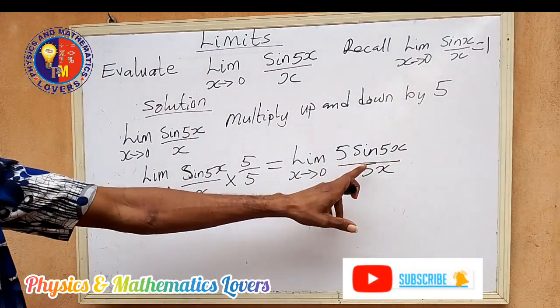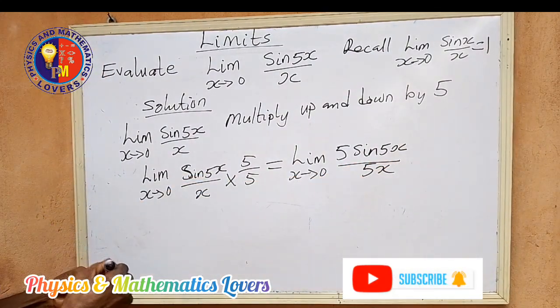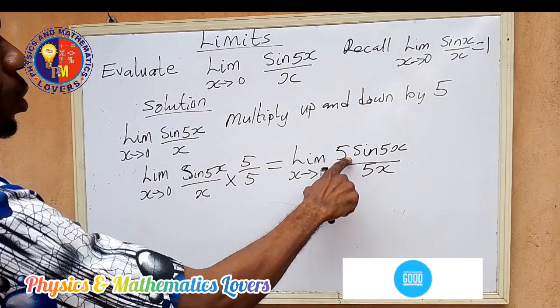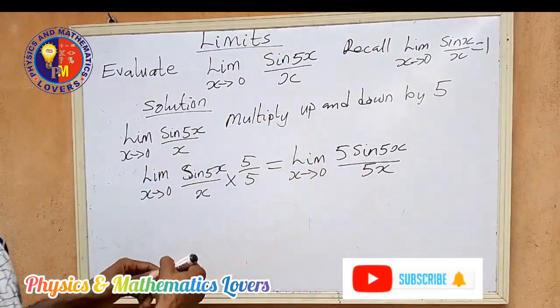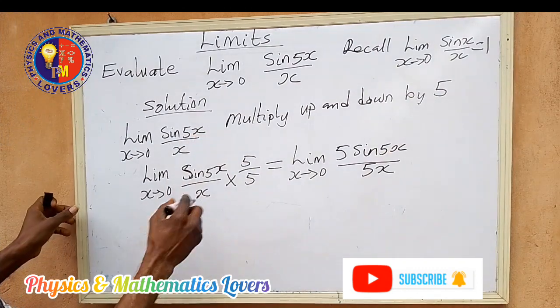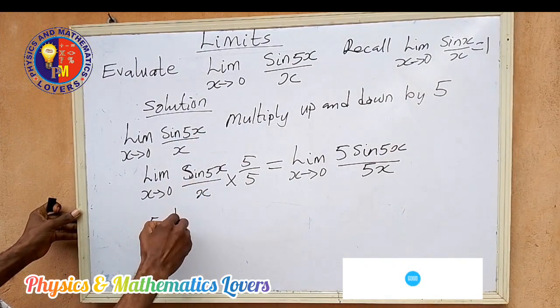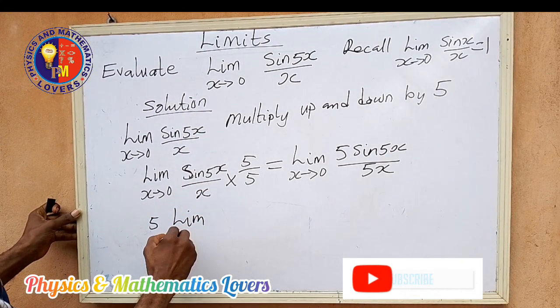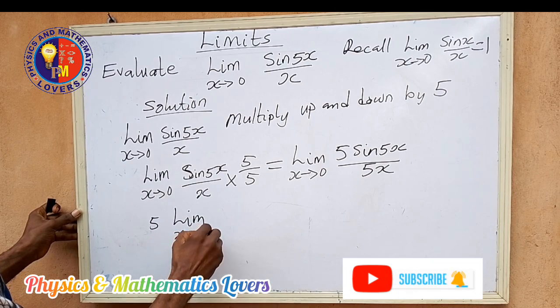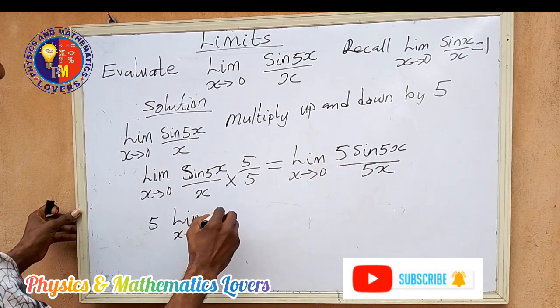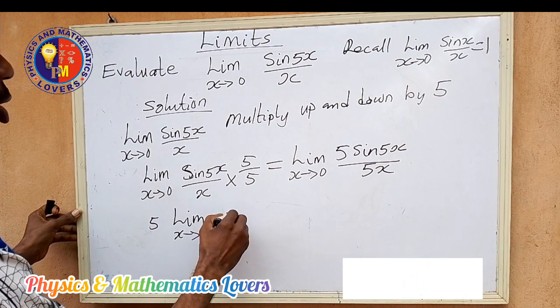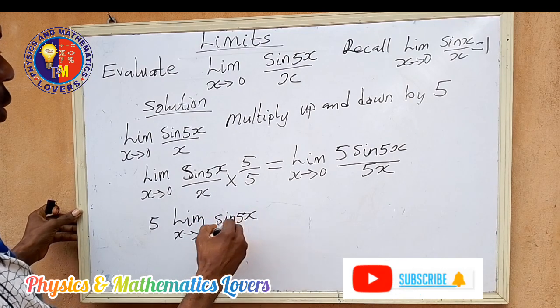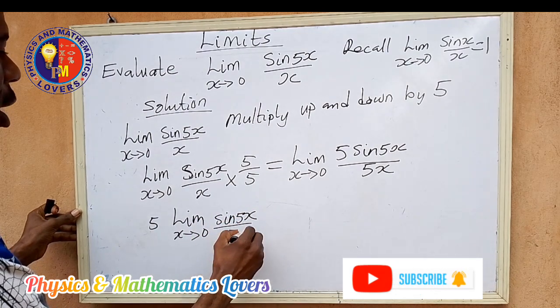As you can see, the limit becomes like this. Now remember that law of limit: this one is a constant, it can go outside. So it becomes 5 times the limit as x tends to 0 of sine 5x all over 5x.